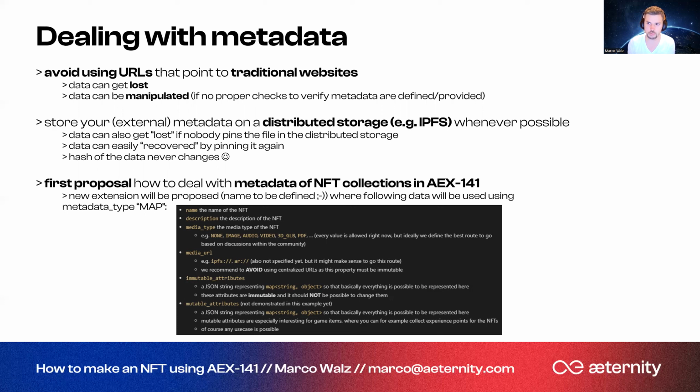That's not the point of decentralization in that sense, because data can get lost. If the domain owner loses access, or the domain expires or is transferred to another owner, they can just replace the URL to point to something different, right? So data can get lost and it can be manipulated.